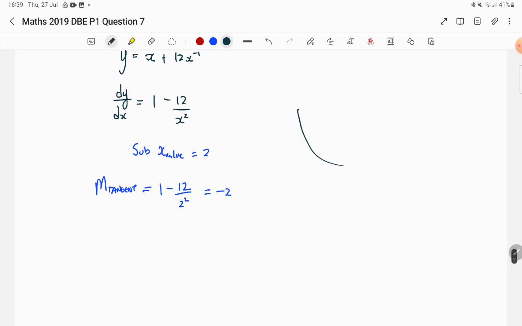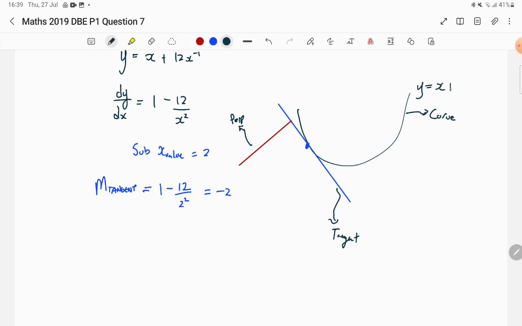If this is some curve, however it carries on, this is the tangent and this is the line perpendicular, which is more accurate. Then we label this as the curve with the equation y equals x plus 12 over x.